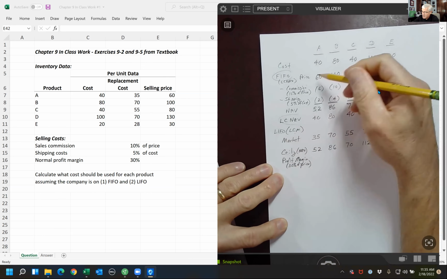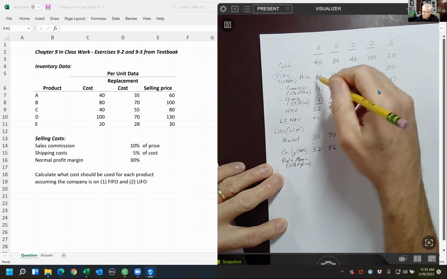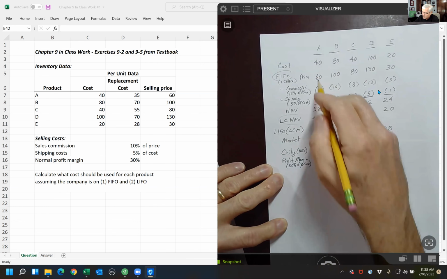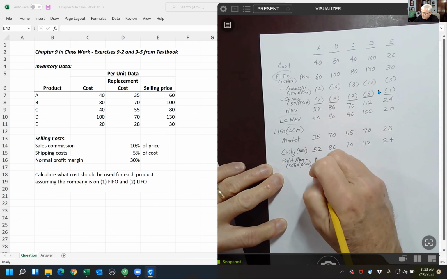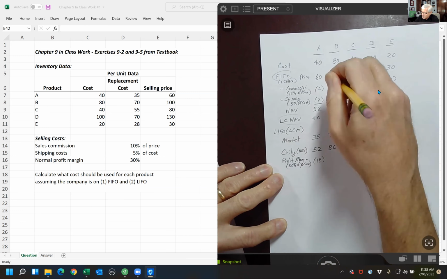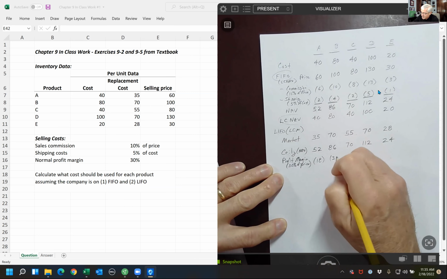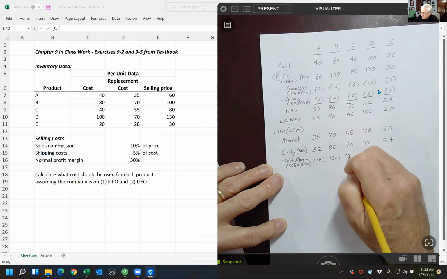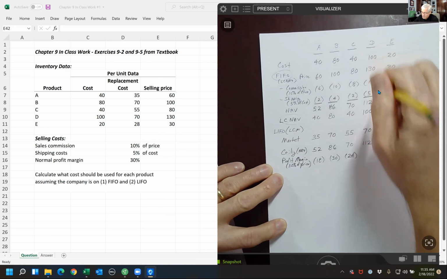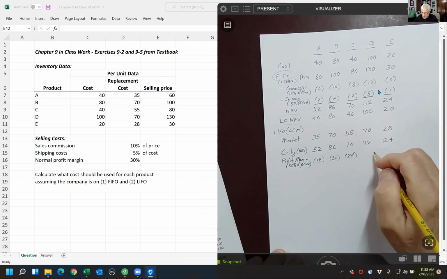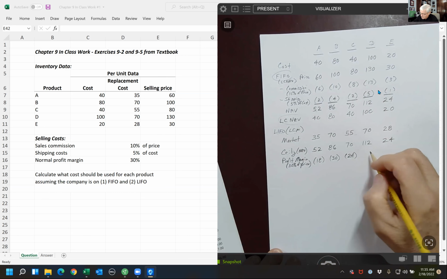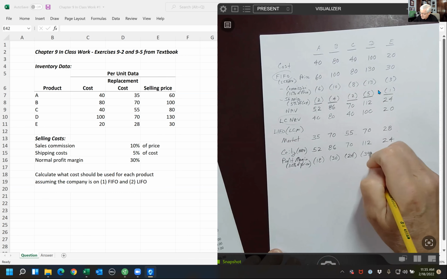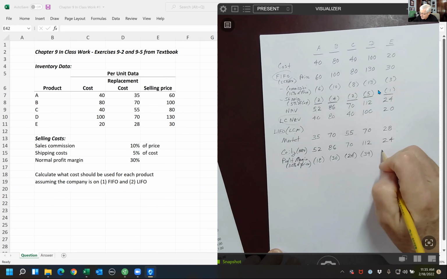So we come back up here. Here's the prices that I used up here to calculate NRV earlier. So 30% of 60, 18, 30% of 100, minus 30, 30% of 80, minus 24, 30% of 130, 39, 30% of 26.